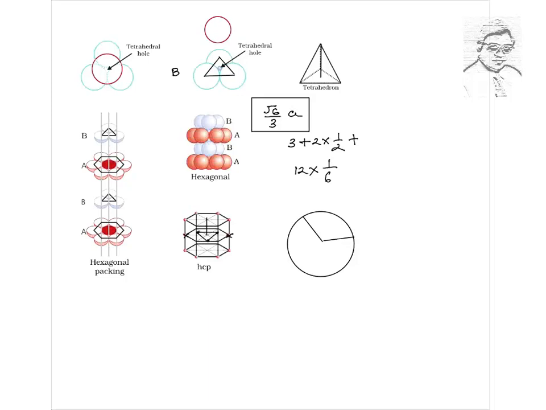But a is the edge length, and in this question we are just given the radius. So can you tell me the relationship between a and the radius? That's a very simple question.